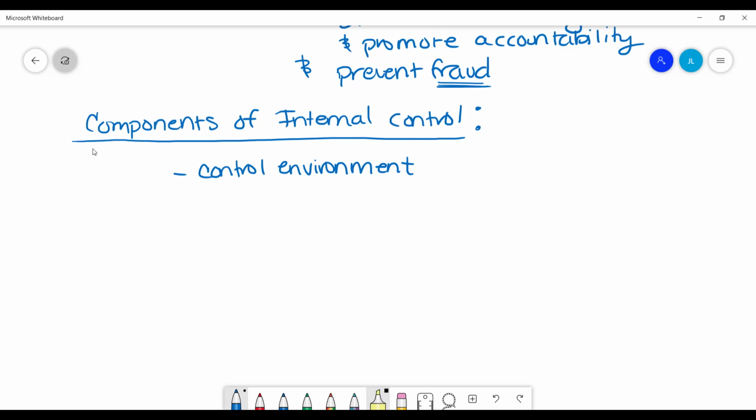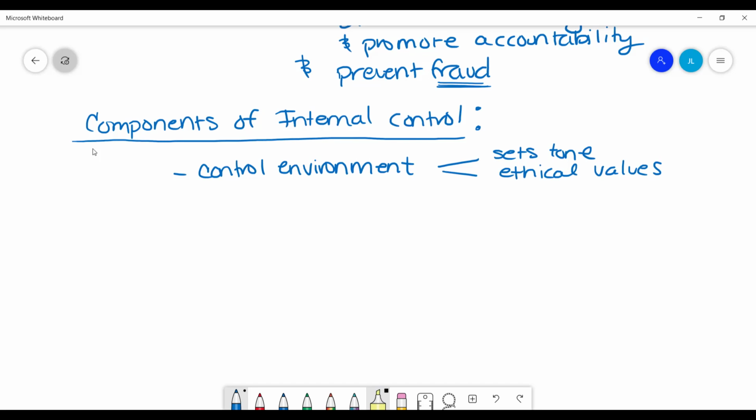But the control environment is basically, it sets the tone for the organization, okay? It's what is this corporation's or organization's commitment to ethical values, right? How important are certain values and morals to this organization, okay? How independent is the board of directors, right?